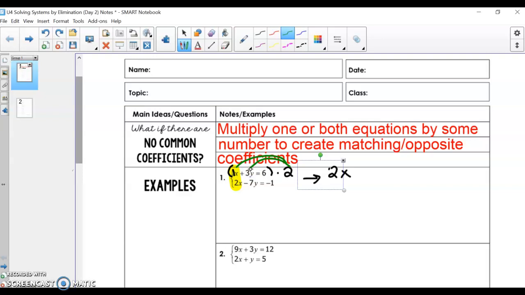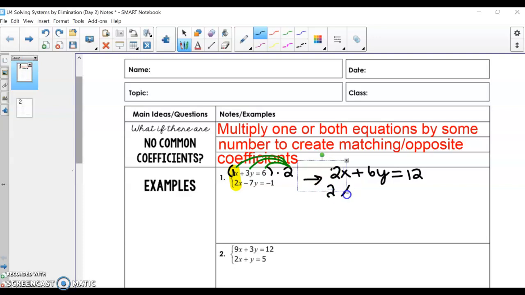So 2 times 3y gives you positive 6y, and 2 times 6 gives you 12. So you're converting that top equation so it resembles the bottom equation as far as the coefficients go. Then I'm just going to copy over the bottom equation.